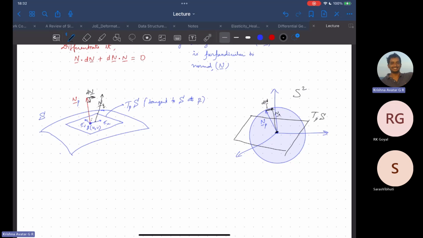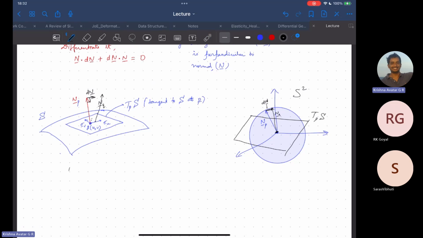So what I was trying to say is that you have this tangent plane for which NP is the normal vector, and the increment dN is normal to NP. Graphically speaking, the normal vector increment dN is perpendicular to NP, and the tangent plane is also perpendicular to NP.